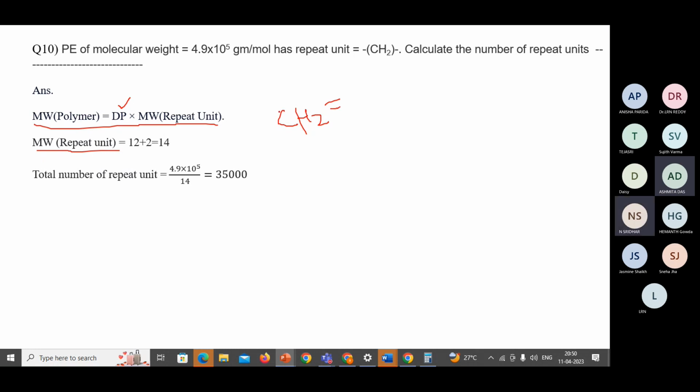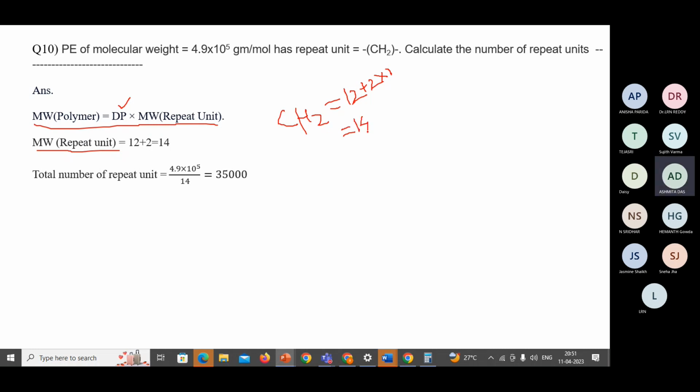Okay. So the molecular weight of carbon is 12 and the molecular weight of hydrogen is 1. So 12 plus 2 into 1 comes as 14.